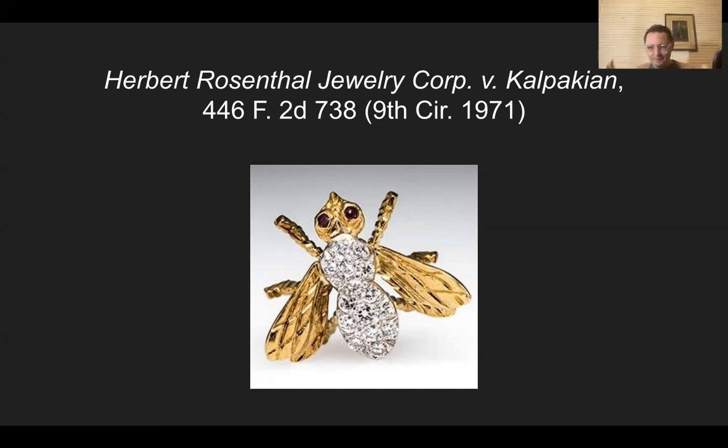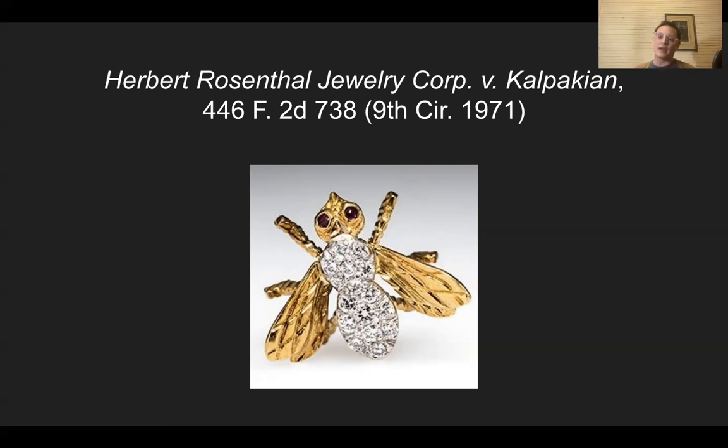And they purported to go out and do research and look at different bees and think about how to create their own sculptures, to make bee sculptures, et cetera, or bee brooches. But at the end of the day, the court recognizes the reality that what Kalpakian was doing was copying the idea, right? Copying what Rosenthal had decided to do because they saw that this was a successful and lucrative product to be producing and selling.